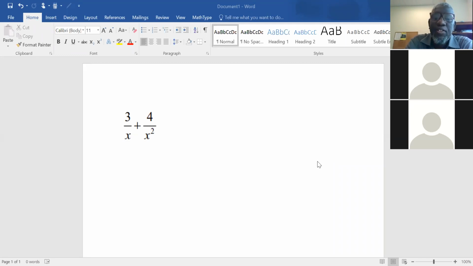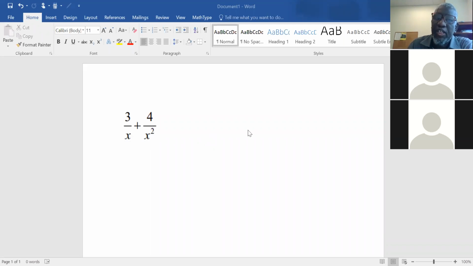Since we don't have the same denominator, we have to find what we called last time the least common denominator. Here our two denominators are x and x squared, the same variable. Last time, what did we say if we have the same variable?